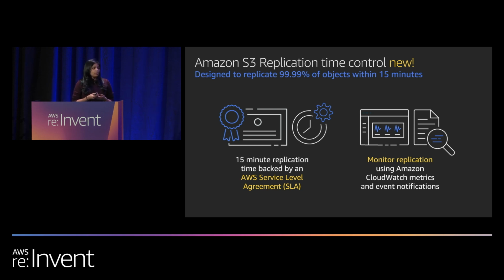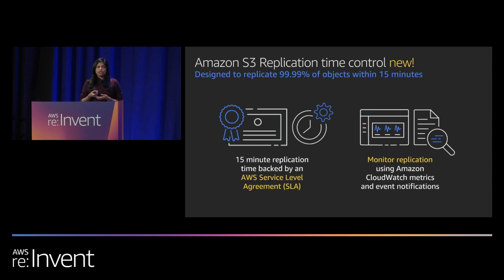Replication time control predictably replicates 99.99% of your objects within 15 minutes of upload to S3, with most objects replicating in seconds. This replication performance is backed by a service level agreement that covers 99.9% of your objects within 15 minutes in any billing month.